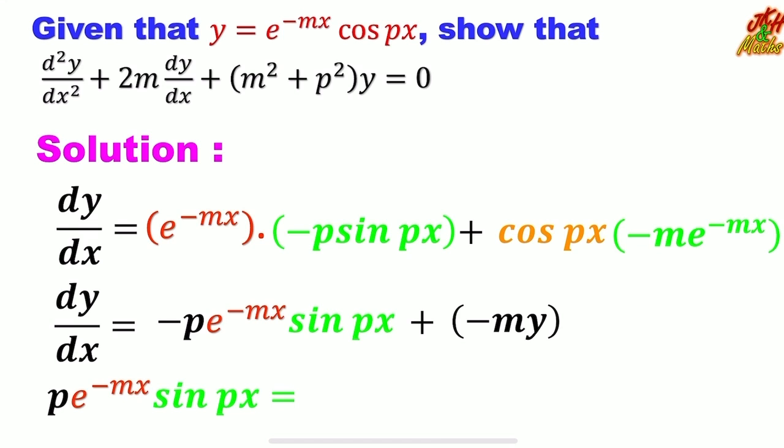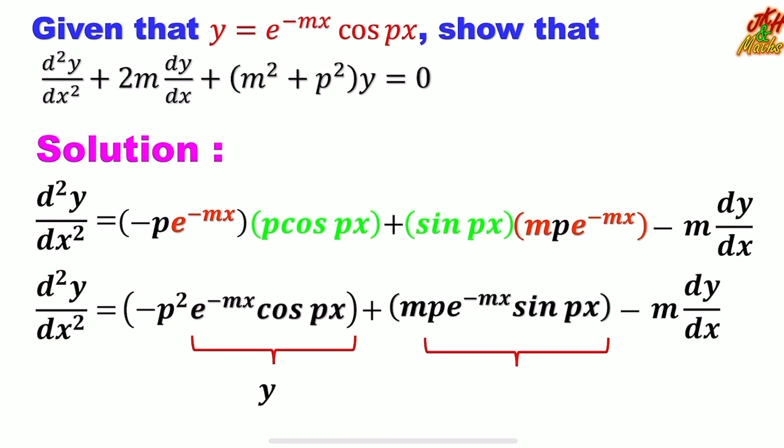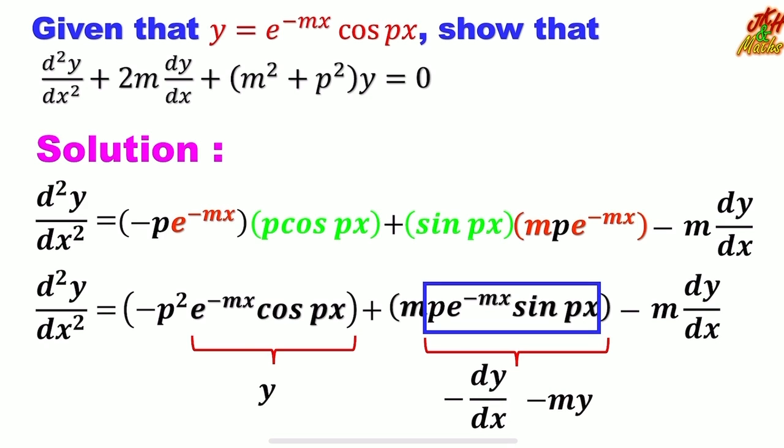Then we take away dy/dx on both sides of the equation, giving us the left hand side equal to negative dy/dx take away my on the right hand side. Therefore, we substitute this result into this term, which I put in the blue square, where p e raised to the power of negative mx sine px is equal to negative dy/dx take away my.